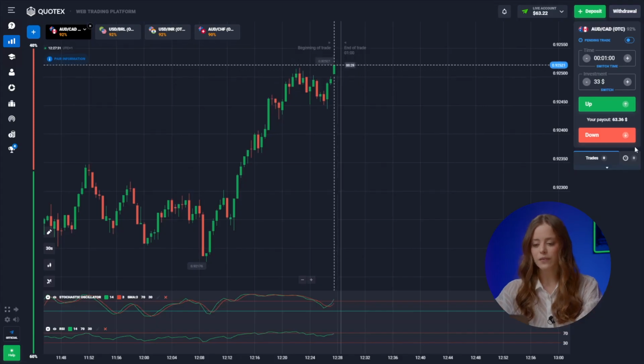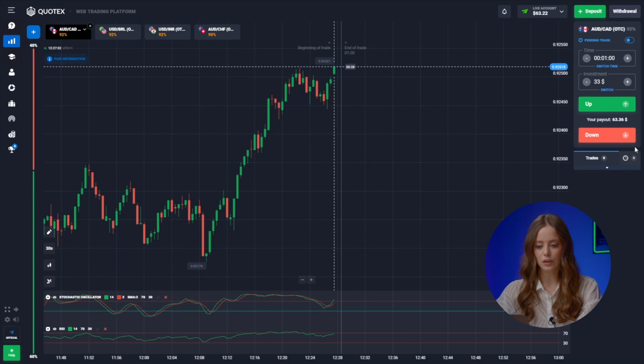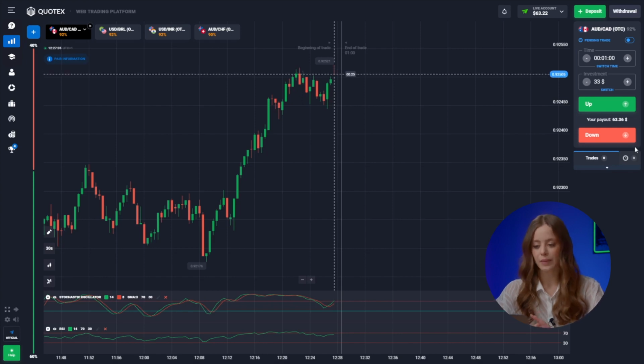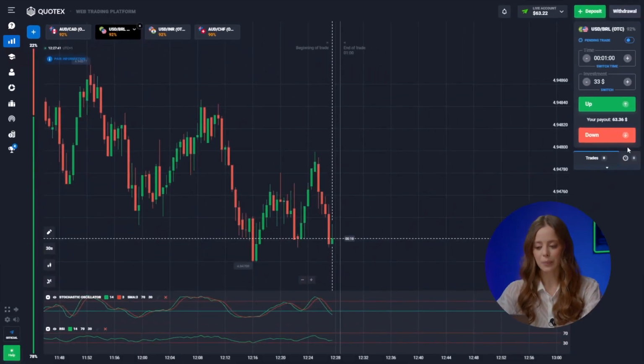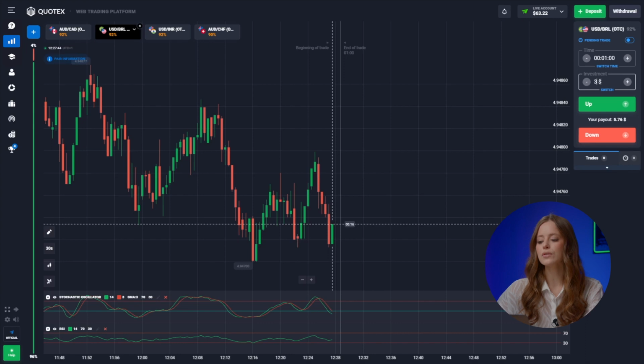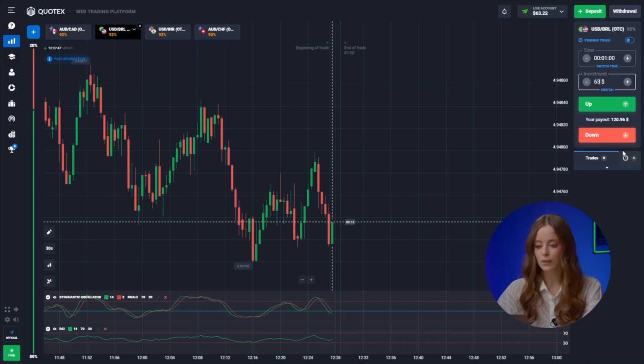Let's continue the session. On the first pair of the Australian and the Canadian dollars, the situation is unstable. I don't want to risk money, so we will skip the pair and move on to the next one. We are on to the second pair. Let's set the amount to 63. Now let's look at the situation on the chart. What do we have here?